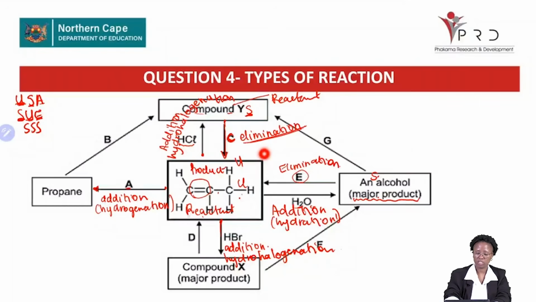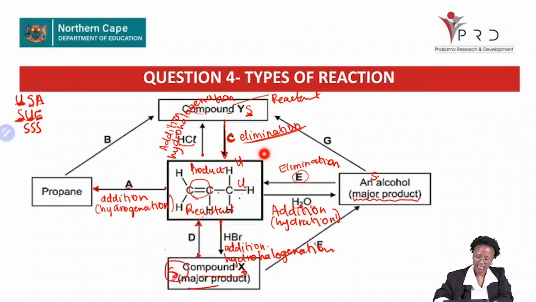D. If you look at D quickly, also, we are moving from a major product, which is compound X, which is a saturated compound, to an unsaturated compound, then D will also become elimination because we're moving from a saturated reactant, because that's where the arrow starts, to an unsaturated product because that is the arrowhead pointing to that as a product.